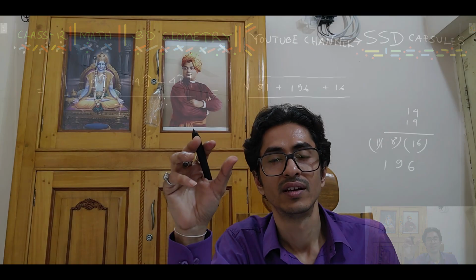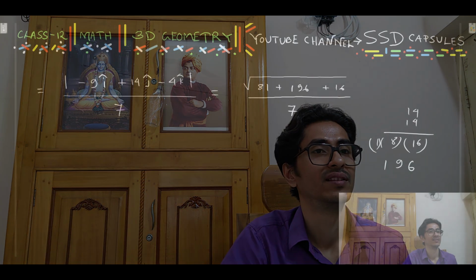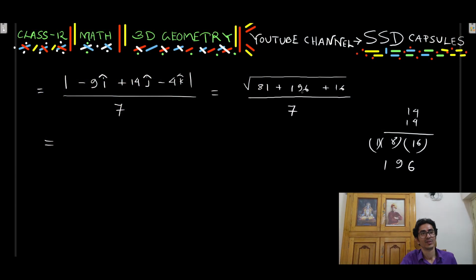If you ask me to show the short trick of this multiplication, I will make a separate video. Put your comment in the comment section below. So 196 plus 81 plus 16 is 293.